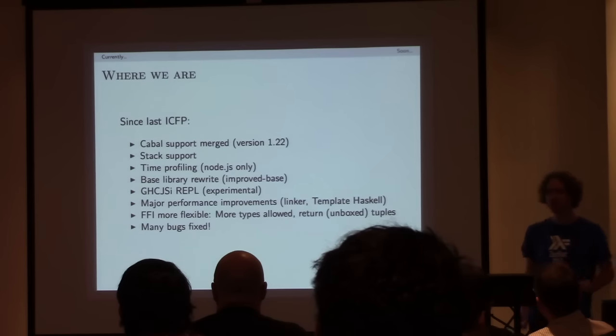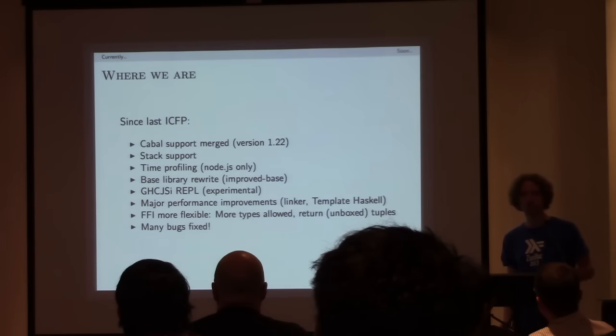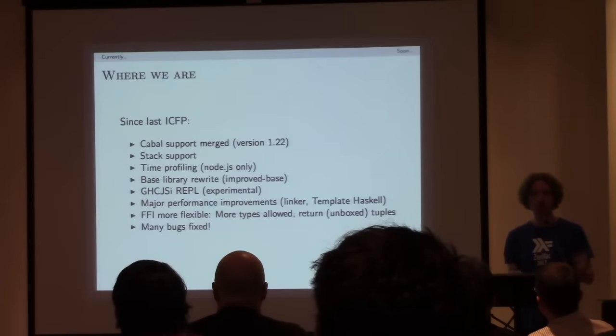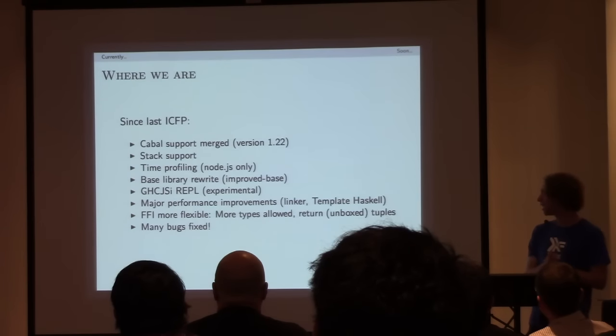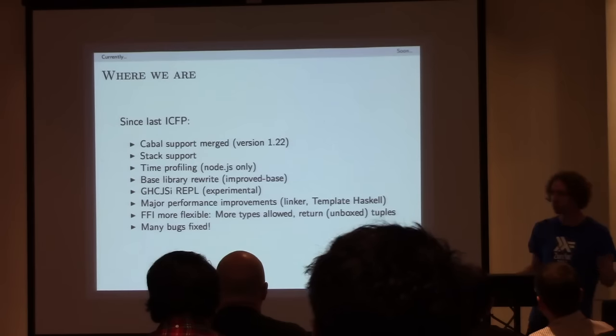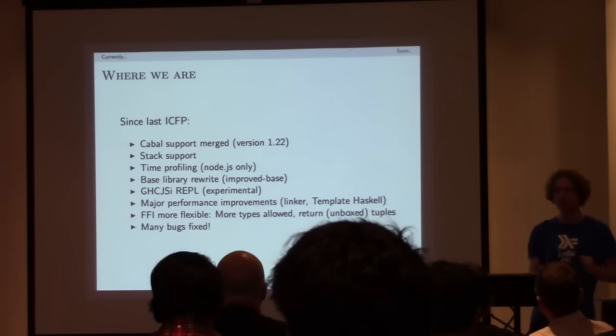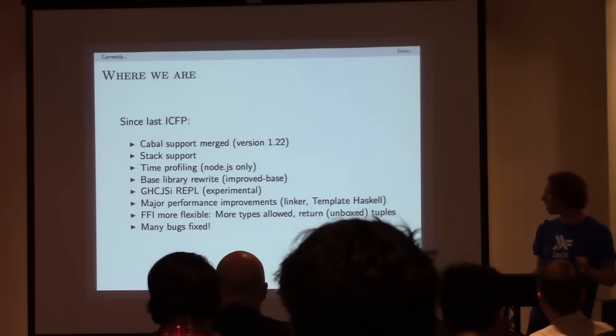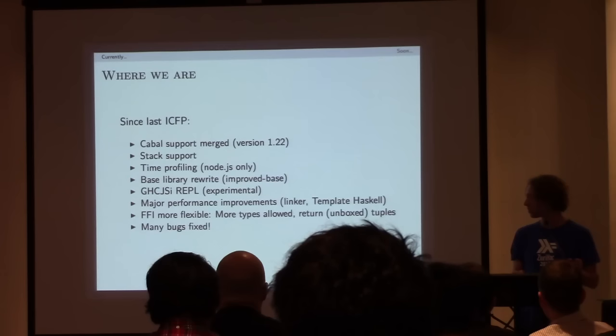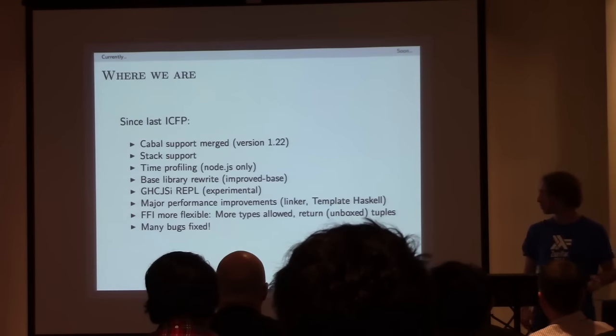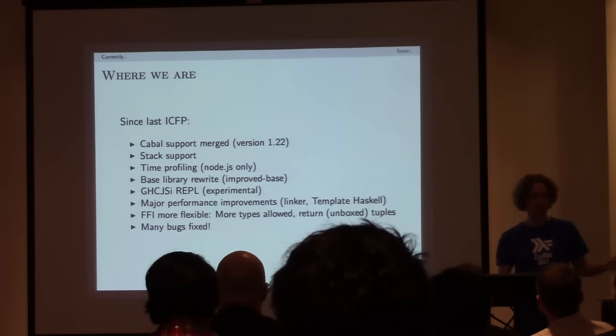The thing that I spent most of the time on in the first half of this year is a massive rewrite of the GHCJS base library called Improved Base, which I've been telling people to use for a while now. I'll come back to that in a second. And probably the most requested feature after easy installation is a REPL.